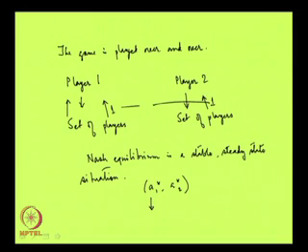So, he continues to play A1 star, and the same logic holds for player 2 also, or whoever is in player 2's position. So, that is why we call Nash equilibrium a stable steady state outcome.